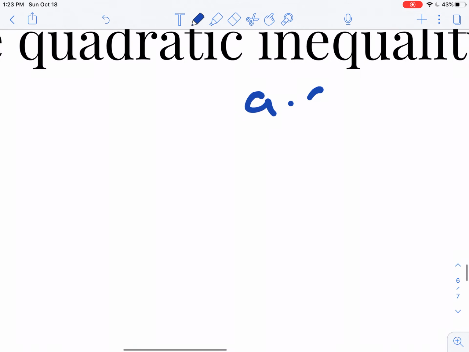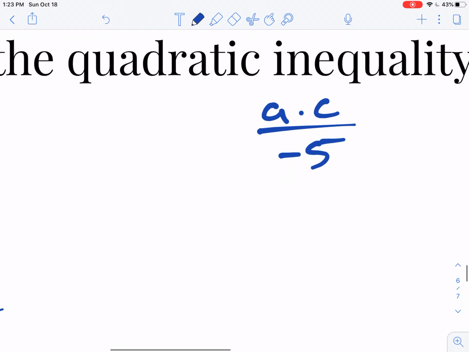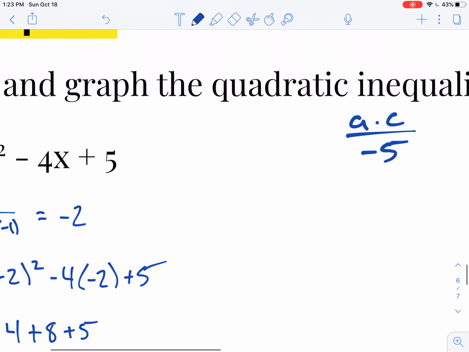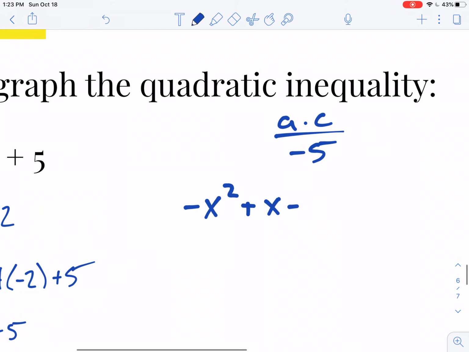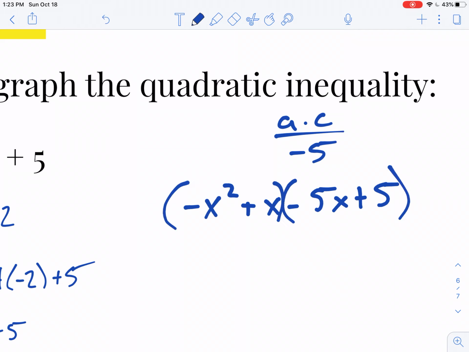So I've got an a times c value of negative 5. I need numbers that multiply to make negative 5 but add to negative 4. So this is going to be negative x squared plus x minus 5x plus 5, because negative 5 times 1 is negative 5, and negative 5 plus 1 is negative 4. This is just factoring by grouping and practicing those rules.